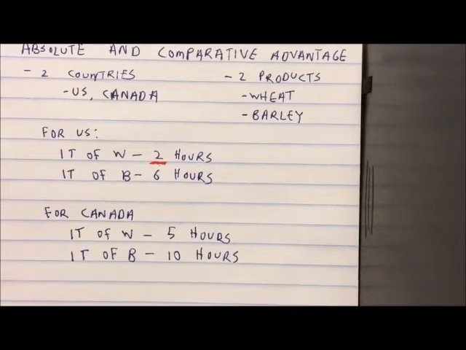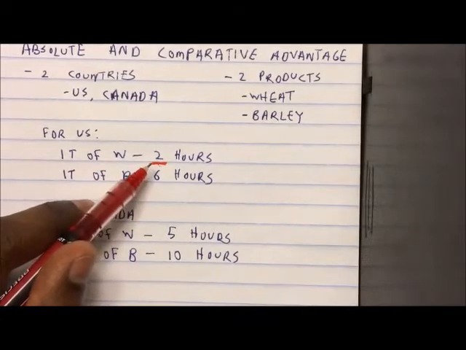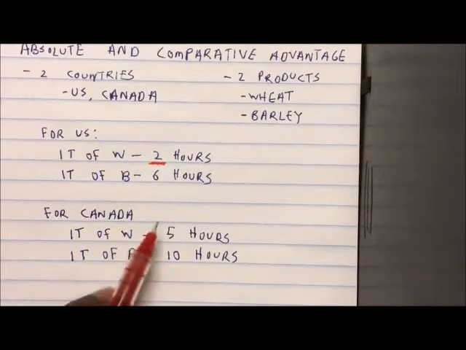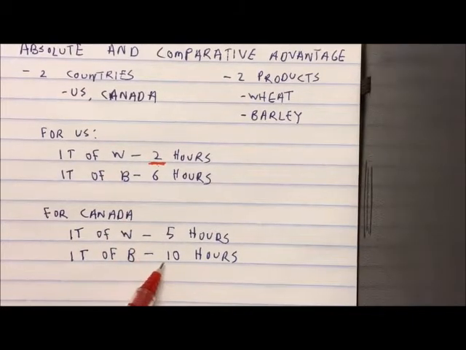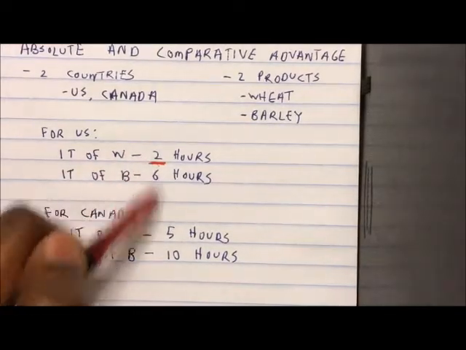So in this case, we can say that the US has an absolute advantage in the production of wheat. Canada has an absolute advantage in the production of neither wheat nor barley, because the US has an absolute advantage in the production of both.